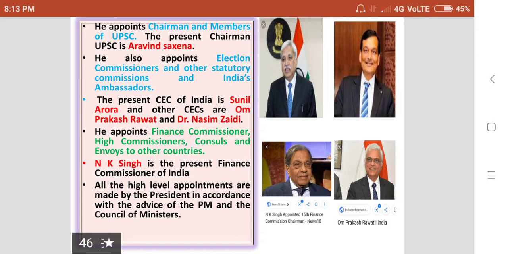And the President also appoints Finance Commissioner of India, High Commissioners, Consuls, and envoys to other countries. So N.K. Singh is the present Finance Commissioner of India. So all the high level appointments are made by the President in accordance with the advice of the Prime Minister and Council of Ministers.